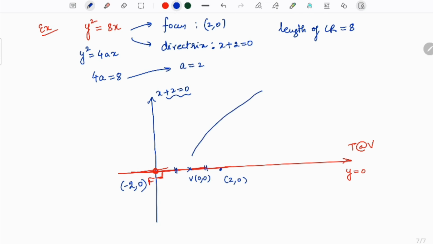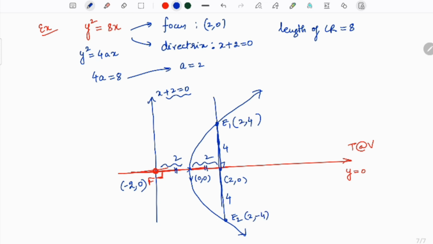So the parabola is like this. This is 2 units. This is 2 units. That means from the focus to one end of the latus rectum, the distance is 4 units. Can you tell me E1 and E2 coordinates? (2, 4) and (2, minus 4). Very good. (2, 4), (2, minus 4).